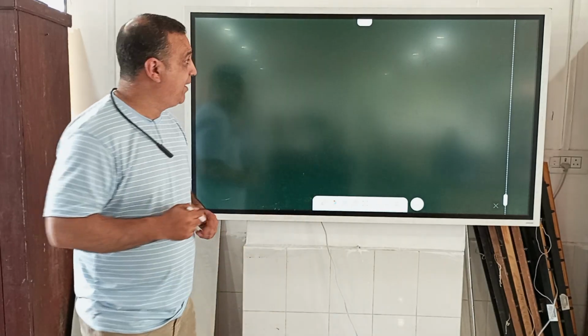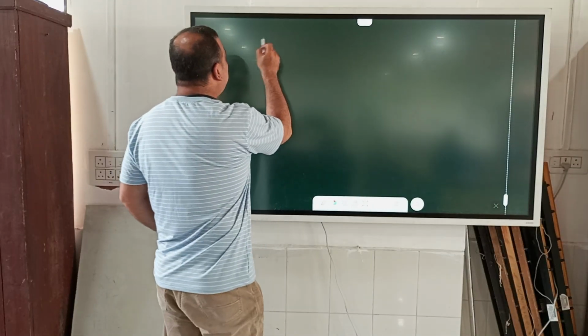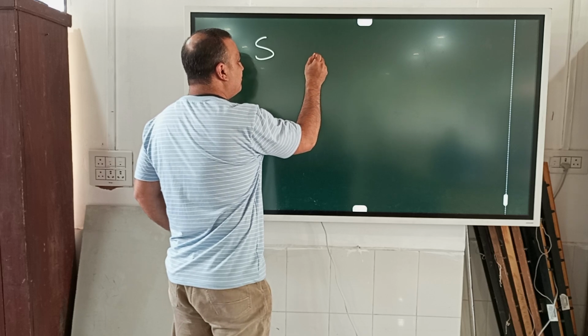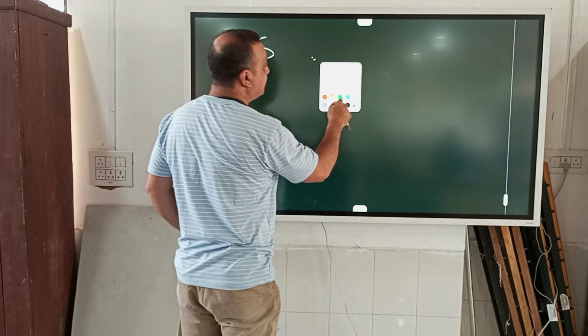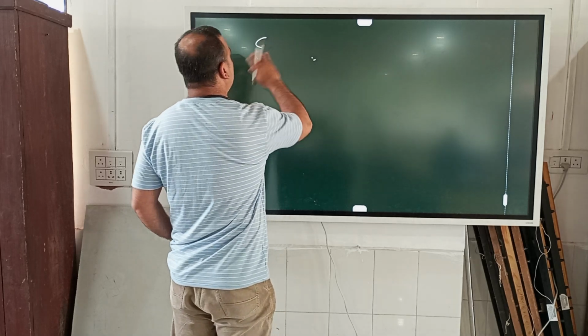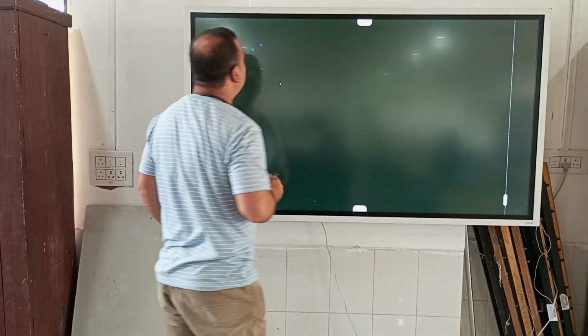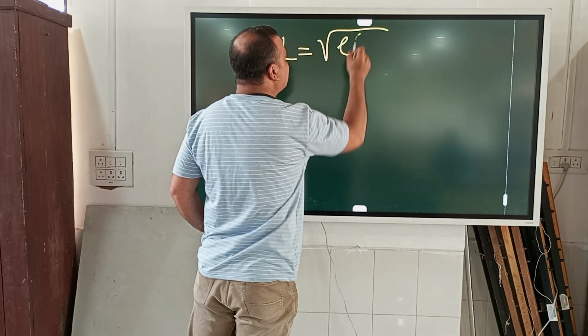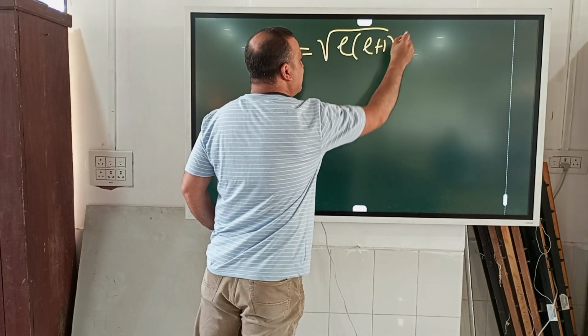Now let's go with the formalism. So what we have is spin angular momentum. You have L equal to the square root of L times L plus 1, times h-bar.